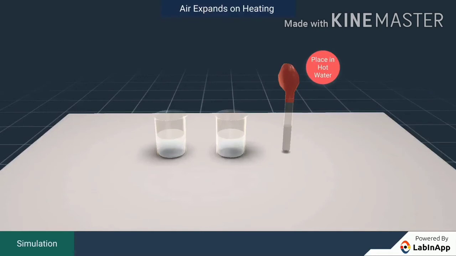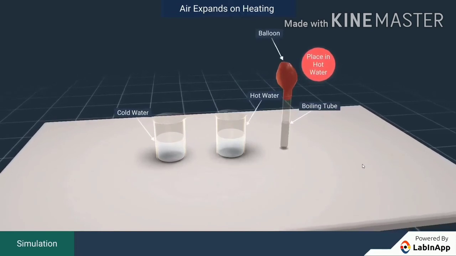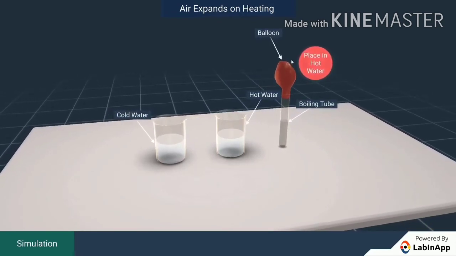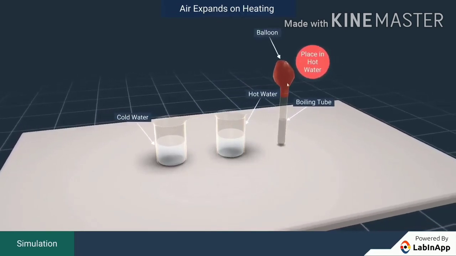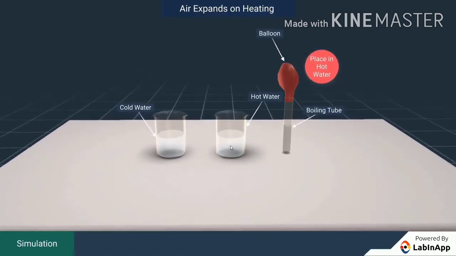Does heating or cooling have any effect on air? Let us try to understand this with an activity. Here we have taken a boiling tube. A balloon is stretched tightly over the neck of the tube. A beaker with hot water and another beaker with cold water are taken.